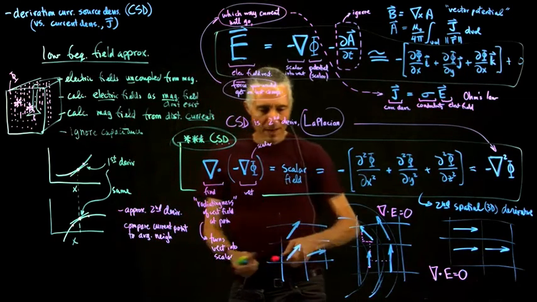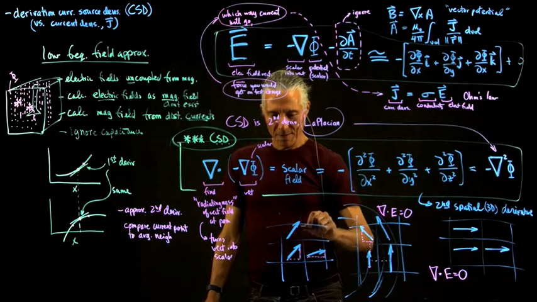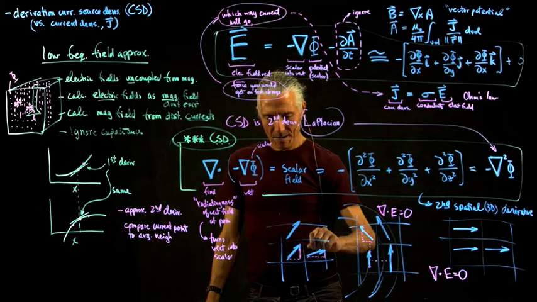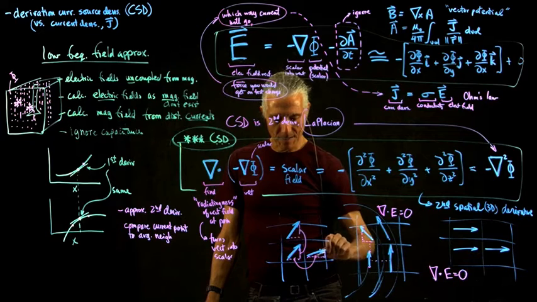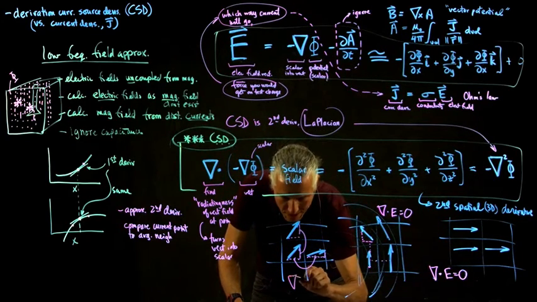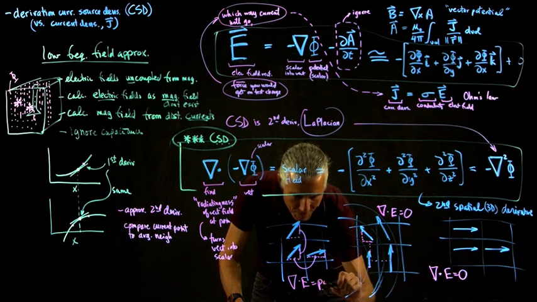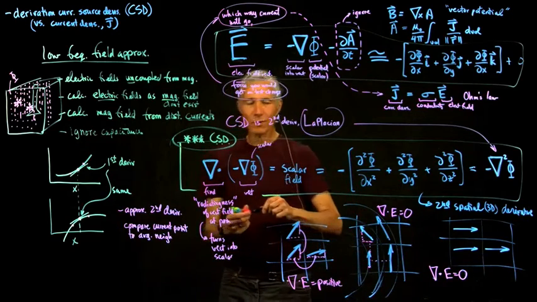In this case, the x component gets a little bigger in the x direction, and the y component gets a little bigger. So this gets a little bigger here, and this one also gets a little bigger here. So in that case, the divergence is positive. That's the kind of thing that we're trying to detect.